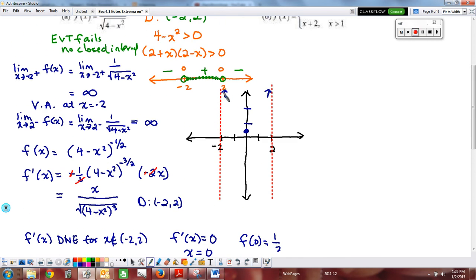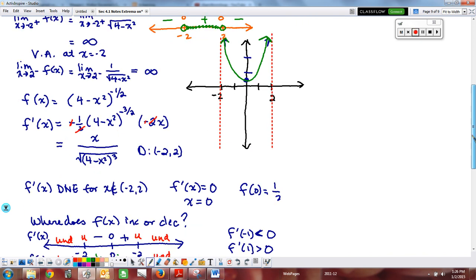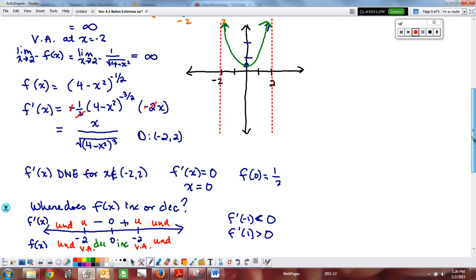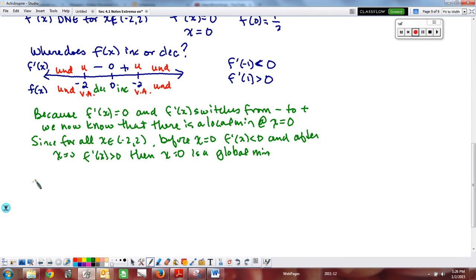So we pretty much can come back up here and sketch in. If we wanted to get a couple more points, that's fine, but we have this idea, and now we've proven using calculus that we have a global min. So there is a global min value of 1/2 at x equal to 0 on f of x. And that's what we were able to prove.